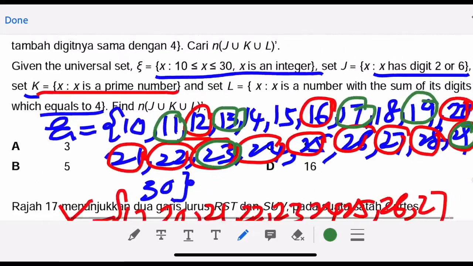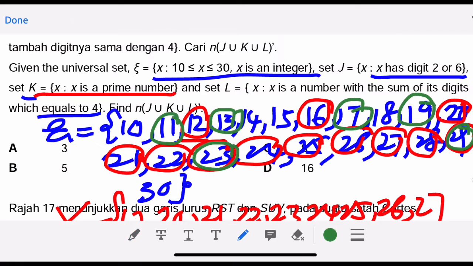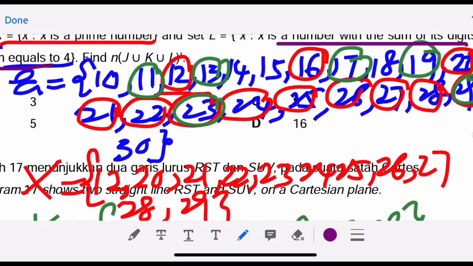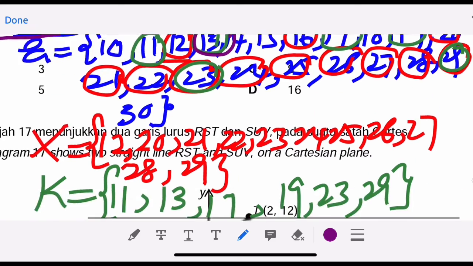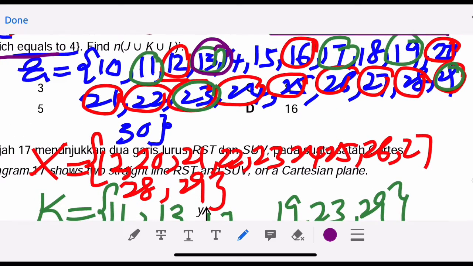Then we have set L, a number whose sum of its digits equals 4. Let's circle using the purple. 1, 3. 1 plus 3 is 4, right? So we have 1, 3, and 2, 2. I think that's all.